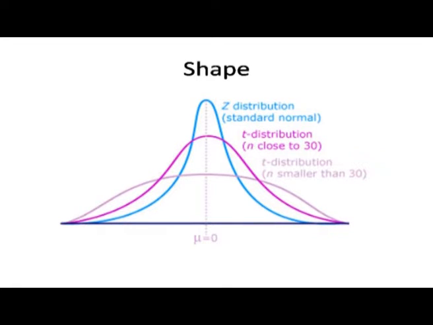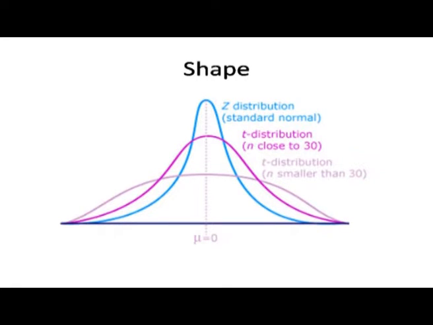It is written Z distribution, standard normal distribution. Standard normal distribution has mean 0, variance as a measure of spread as 1, and the shape of the density function is like this.